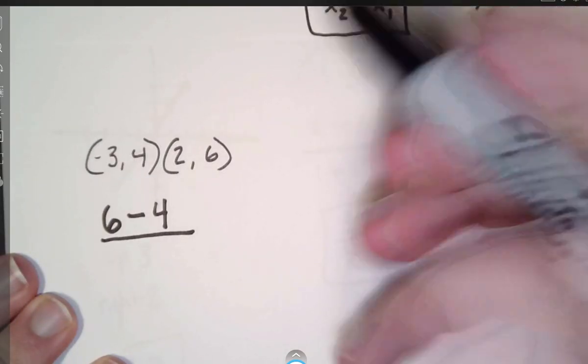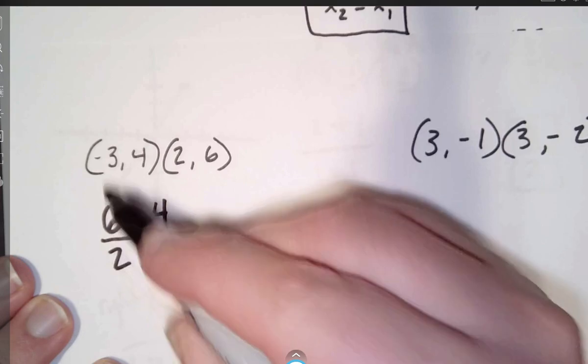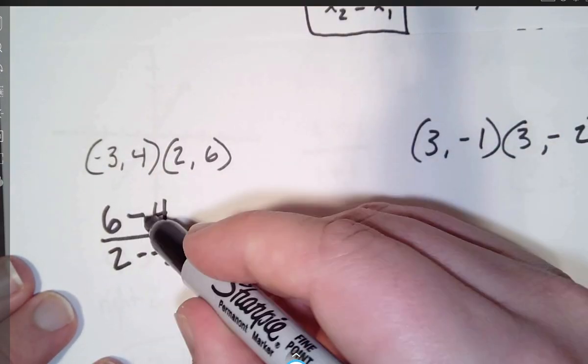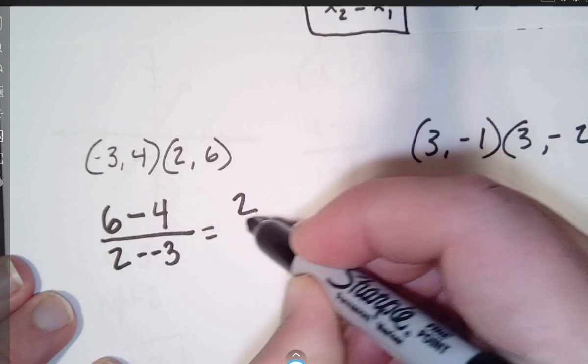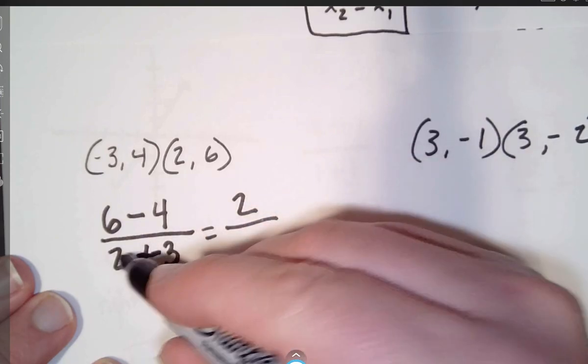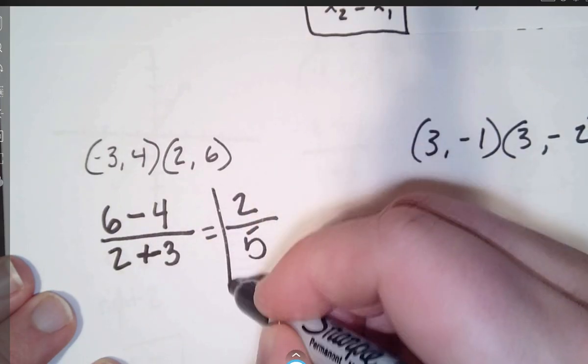So my second x is 2 minus -3. So 6 minus 4 is 2. Here I have 2 negatives in a row, turn to a plus. 2 plus 3 is 5.